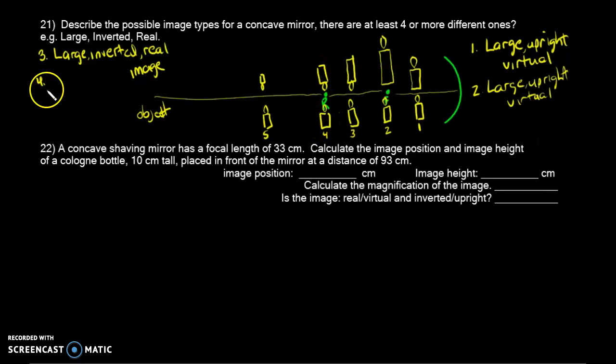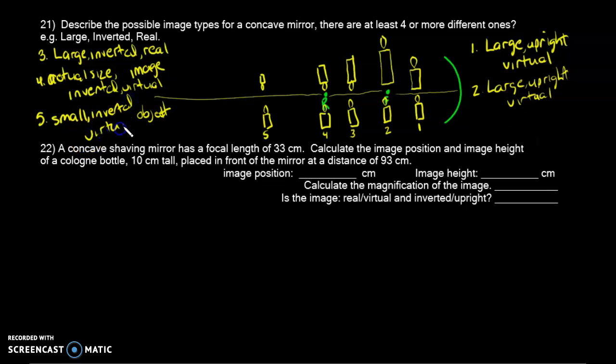The size appears to be the same, so it is actual size, but it is still inverted. So it is real. I should have probably chosen another color instead of yellow. Too late now. And for point 5, it is small. So it got smaller than the actual candle. It is inverted, and it is real.